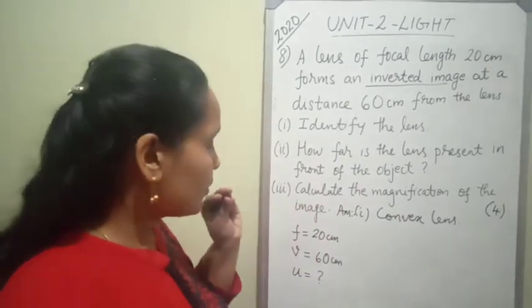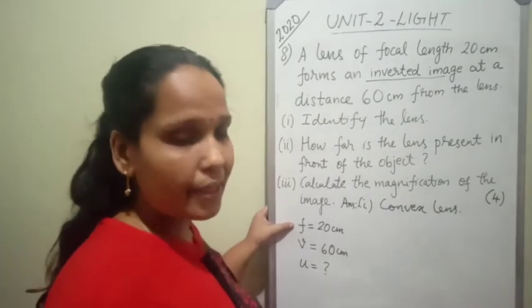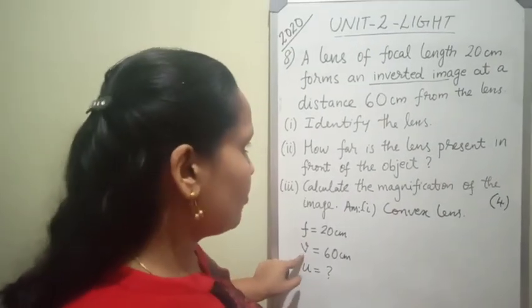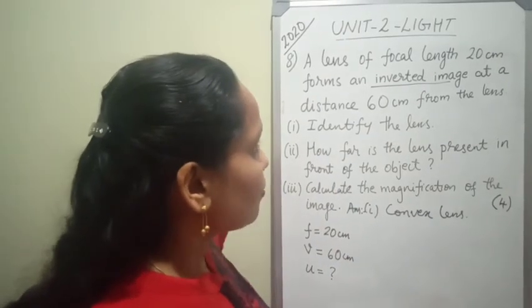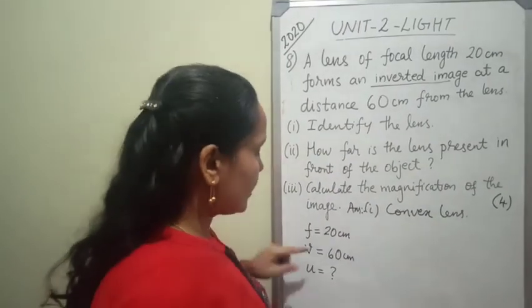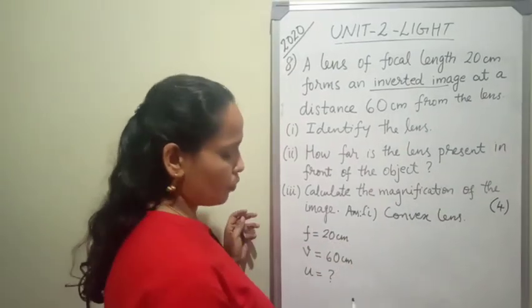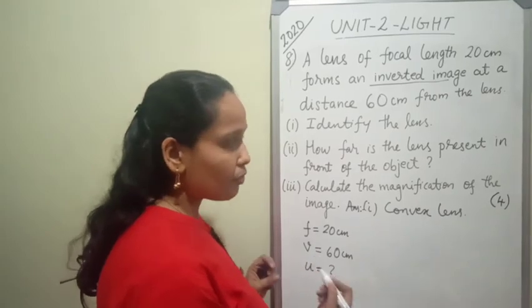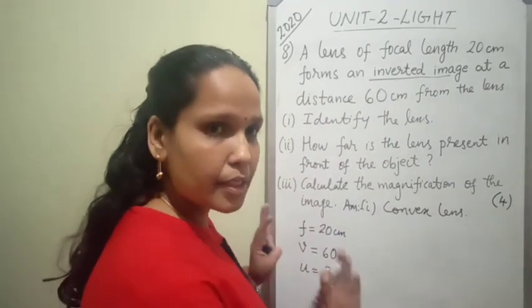So here focal length F is always positive and V is the image distance from the lens. For inverted, that means real images, it is positive. So both of these will be positive, so we don't have any problem. If it is a virtual image, we have to take V as negative. So here it is positive.